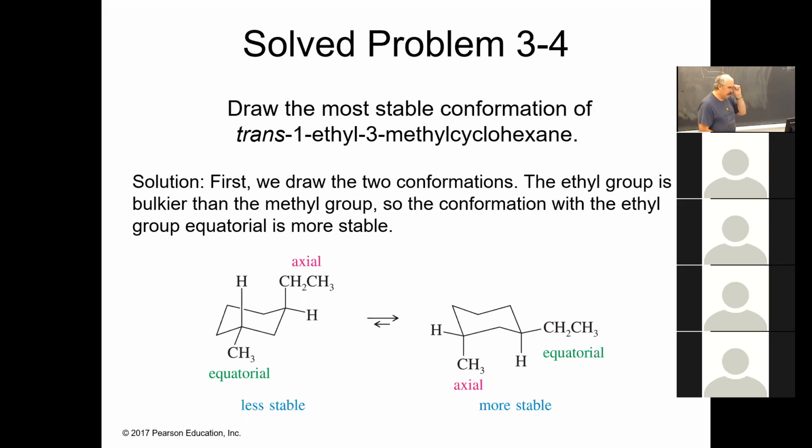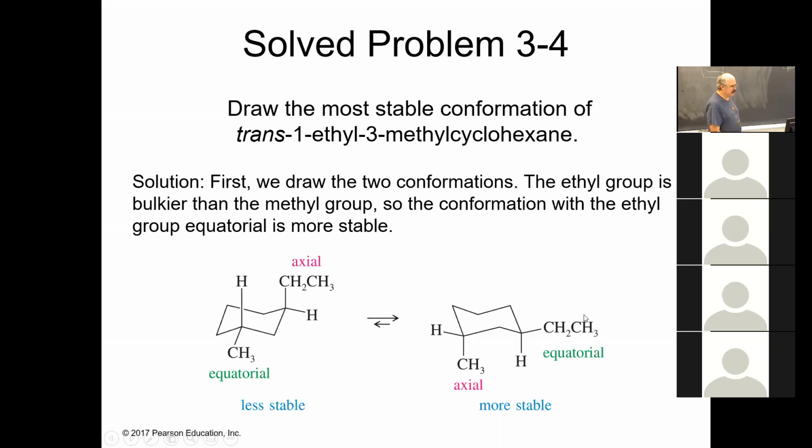Okay, so the next problem is draw the most stable conformation of trans 1-ethyl 3-methyl cyclohexane. The trans 1,3 has one axial, one equatorial group. The key idea here is that we want the larger group to be equatorial.